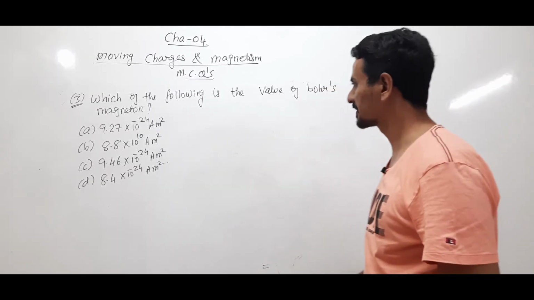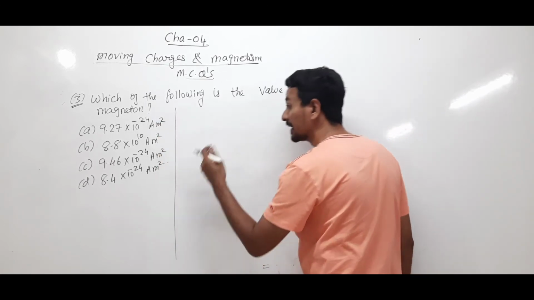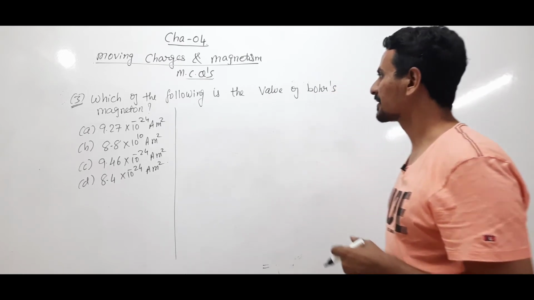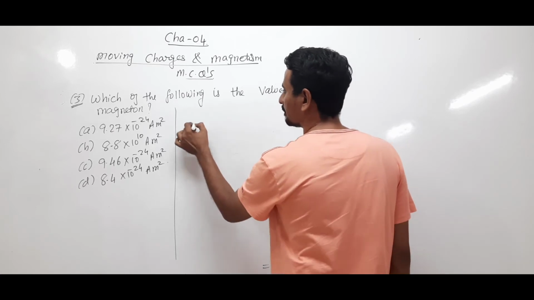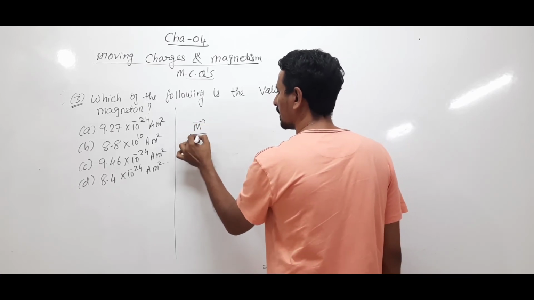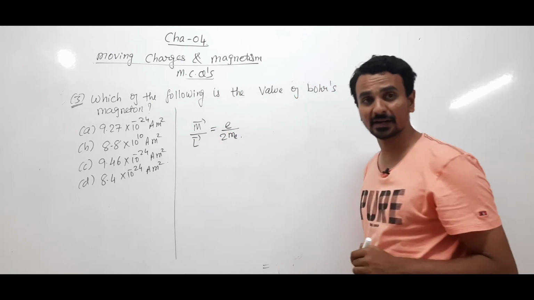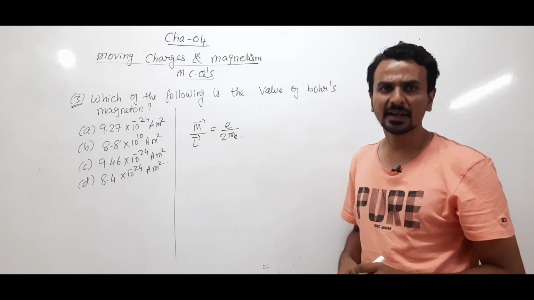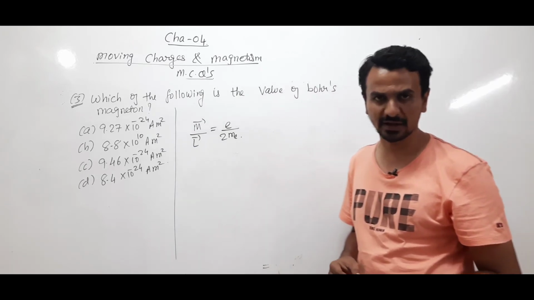Okay, the third one. Which of the following is the value of Bohr's magneton? I think the unit of Bohr's magneton was asked in the board exam. Well, we know that M by L is equal to E by 2me. This is your gyromagnetic ratio. The ratio of magnetic moment upon angular momentum is equal to E by 2me, which is 8.8 into 10 raised to 10 coulomb per kilogram.